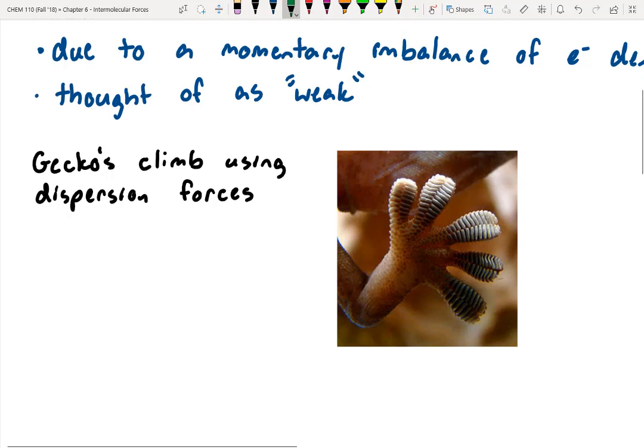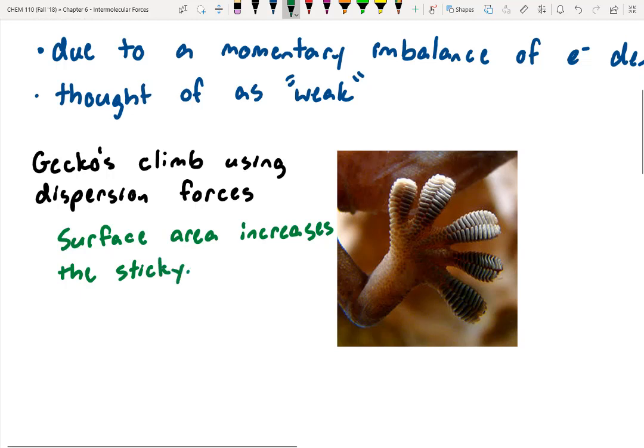And I did want to make a really important note that surface area increases the stickiness of a molecule.